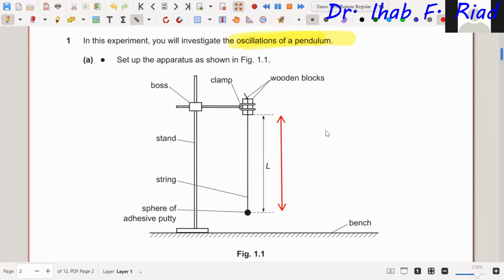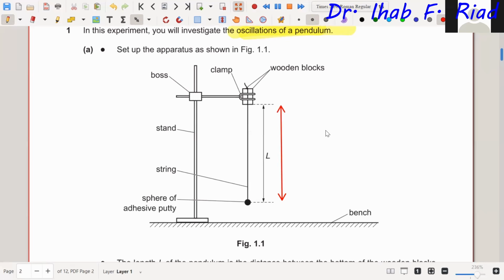Remember, this is the practical question. You are going to carry out this investigation yourself in the exam, and you are going to use a meter ruler to take this measurement.